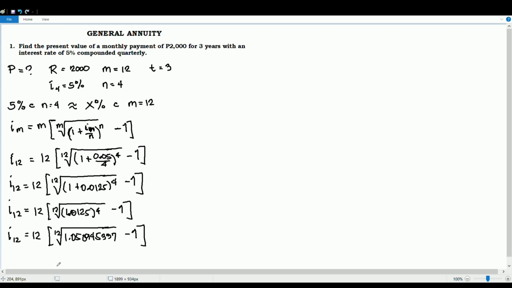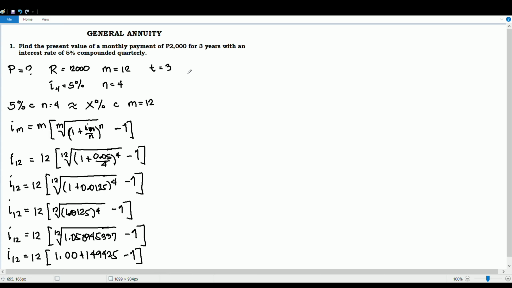And then we have to get the 12th root of this number. The 12th root of our radicand is 1.004149425, and then we have to subtract 1 inside the bracket.